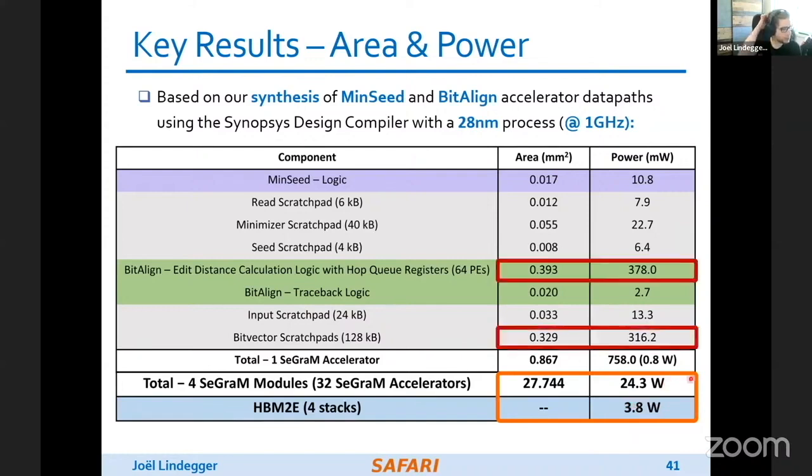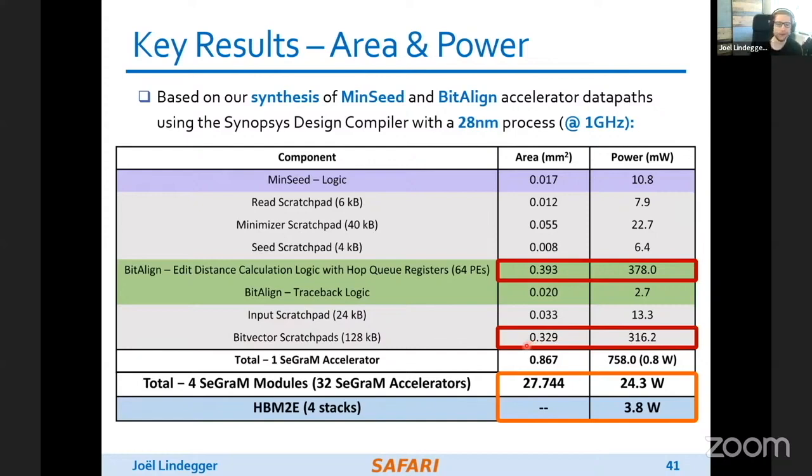Also, in terms of what's the bottleneck in the accelerator, it comes down to the BitAlign logic. So even in the accelerator, pairwise alignment is expensive in terms of both area and power. And then the bit vector scratch pads are also similarly expensive.